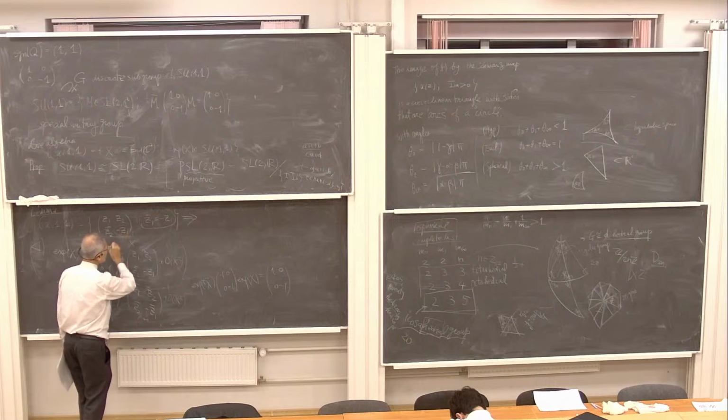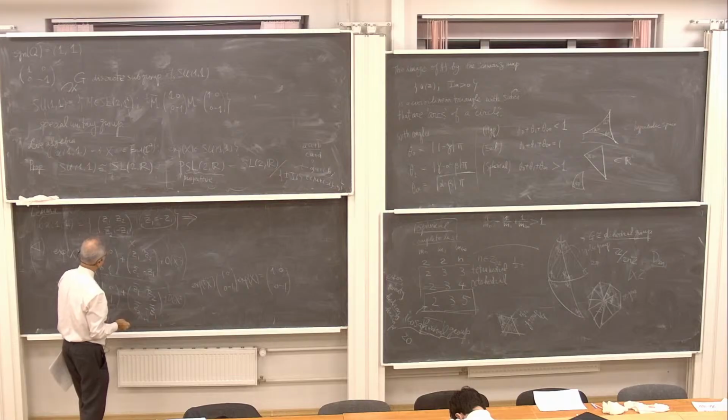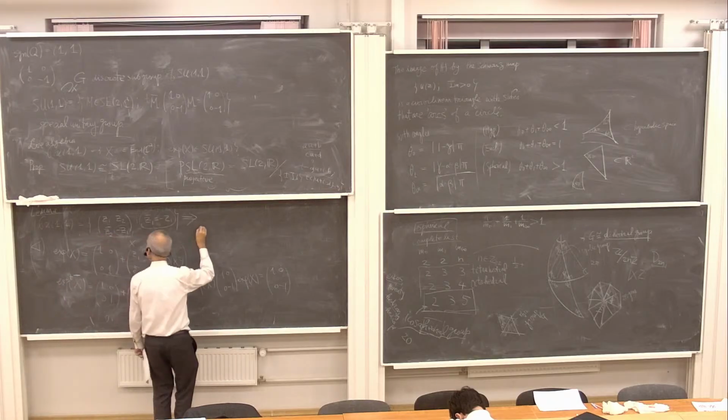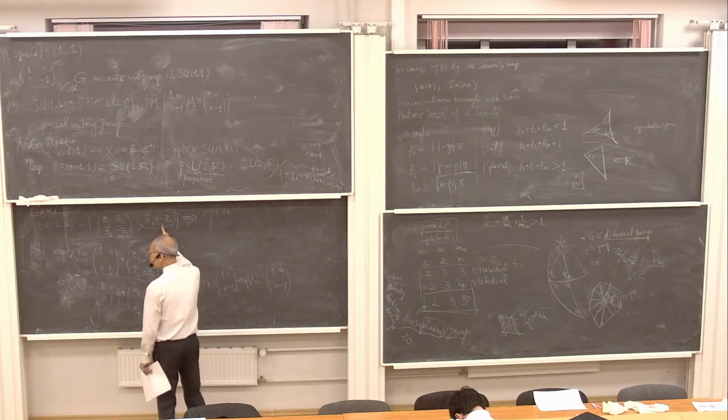This one shall be such that the complex conjugate is minus itself. That is to say z1 is minus x1, so it's a pure imaginary number.